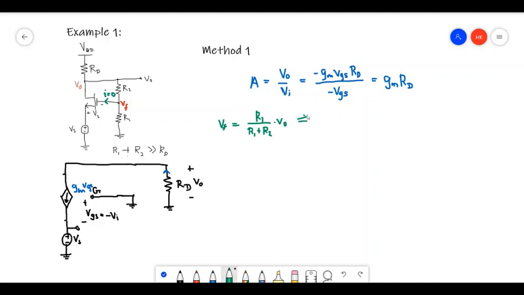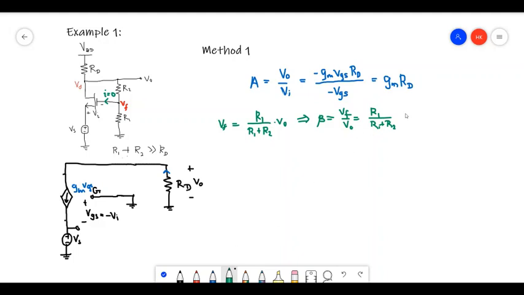We know that beta, the feedback factor, is given by the feedback voltage divided by the output voltage, that is Vf over V out. So the feedback factor here is R1 over R1 plus R2.